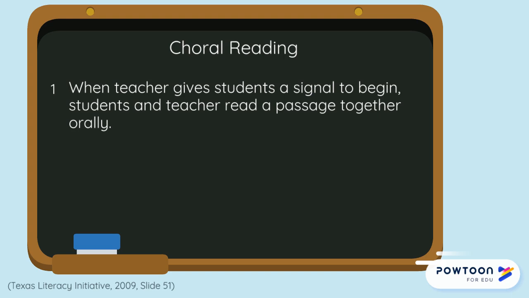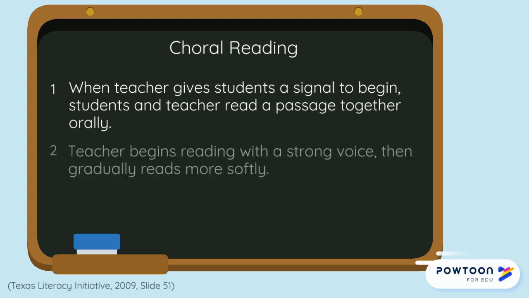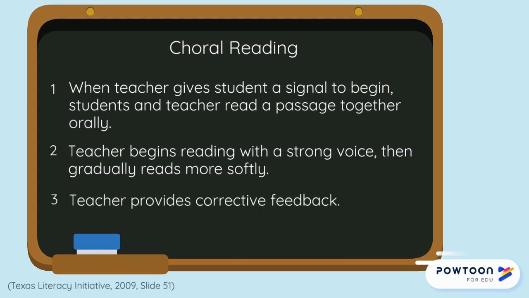As students read with more confidence, the teacher should decrease the volume of her voice so that students rely less on her model. The teacher's voice becomes a quiet safety net. She can increase the volume of her voice during more challenging parts of the text. During choral reading, the teacher also provides corrective feedback as necessary.